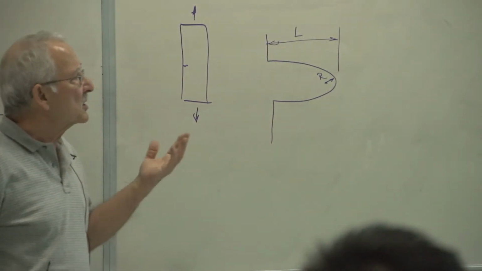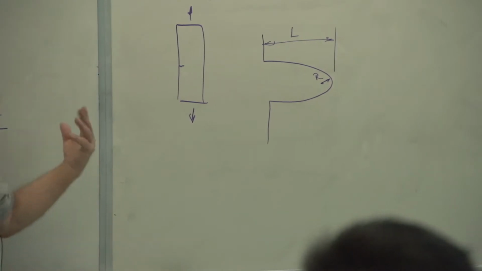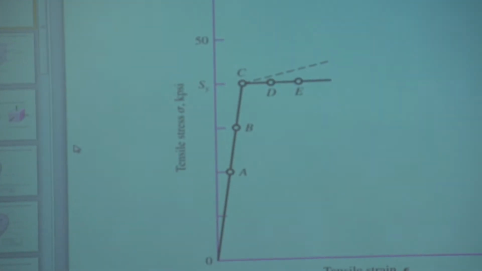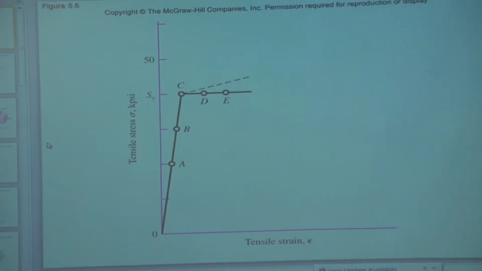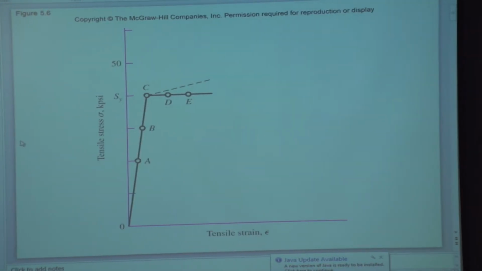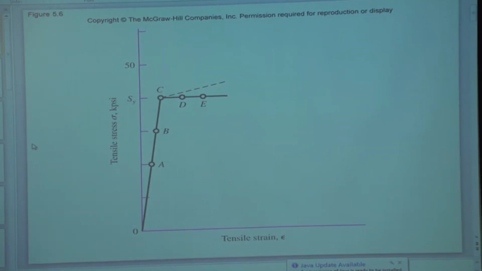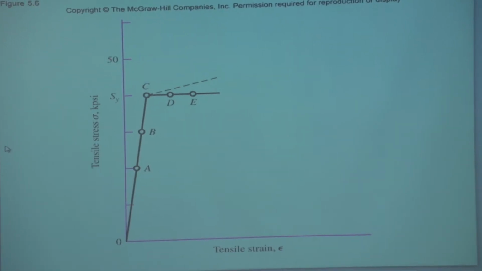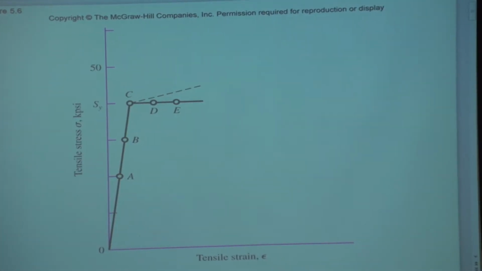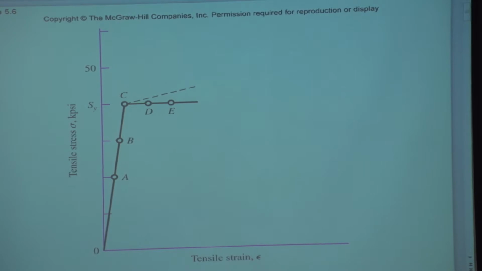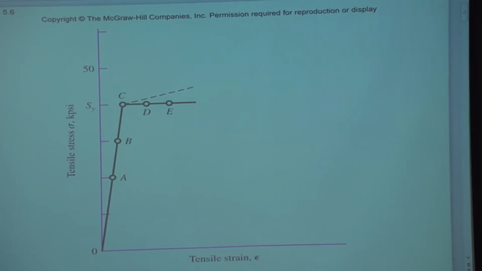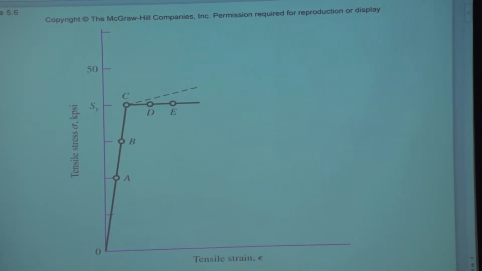So let's take a look and see how this works, since we measure strains, with a stress-strain diagram, such as what you see on the screen. The solid lines, not the dashed line, not yet anyway. Let us assume that we have a case in which the stress concentration factor is 2.